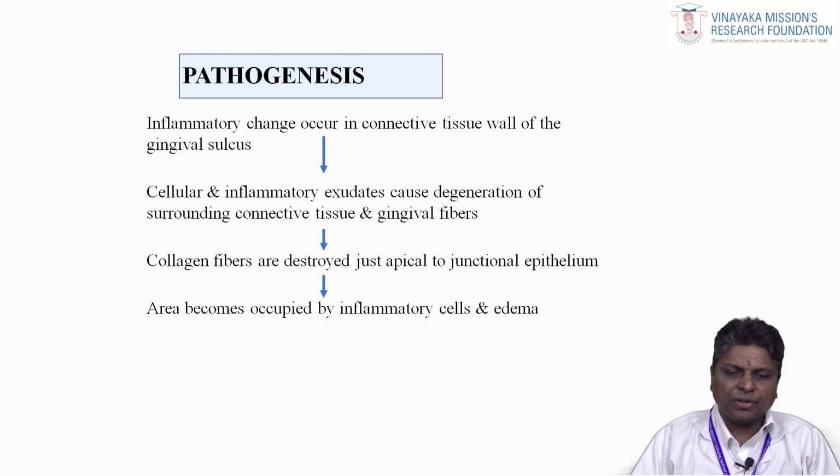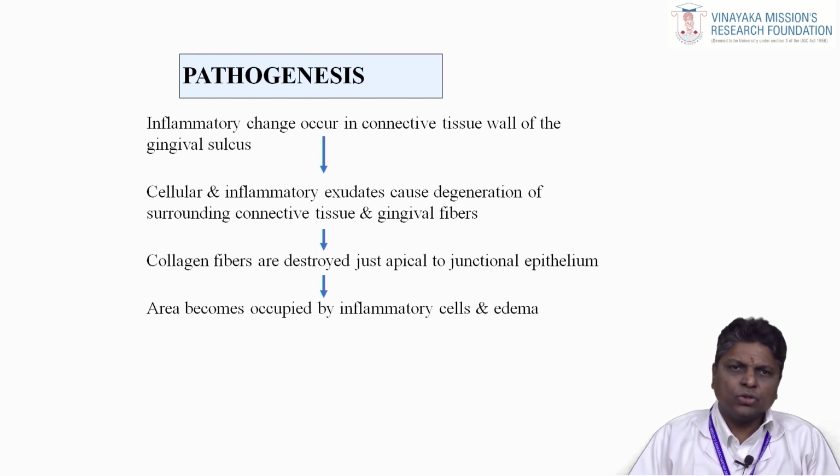So how does the inflammation change? You know very clearly about plaque and calculus. Supragingival plaque is dominated by cocci, then it becomes subgingival, aerobic then anaerobic, and cocci become rods and bacilli. They produce noxious products, and virulence factors are there. They irritate the sulcus area, the bottom of the sulcus and the junctional epithelium.